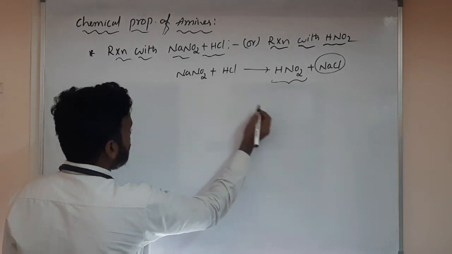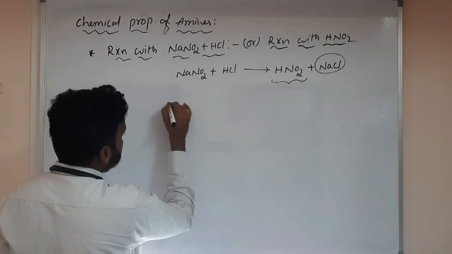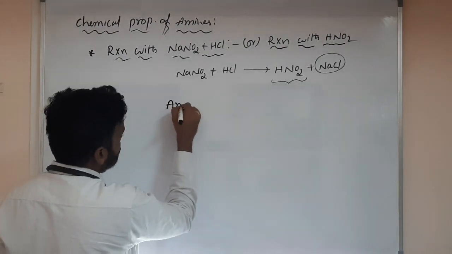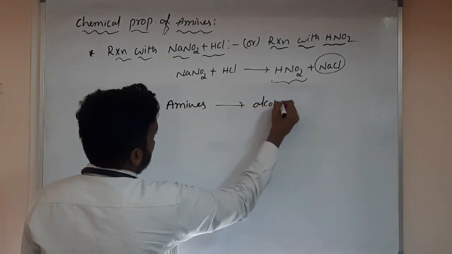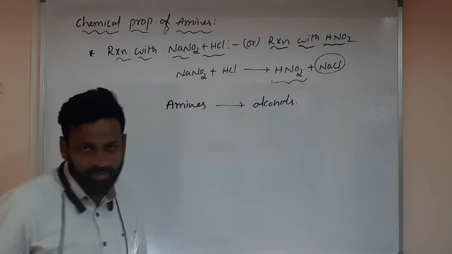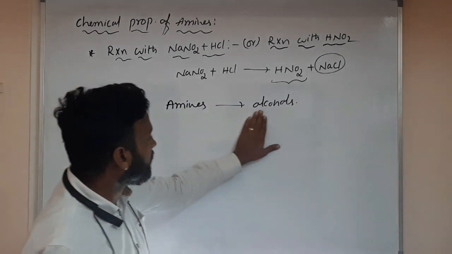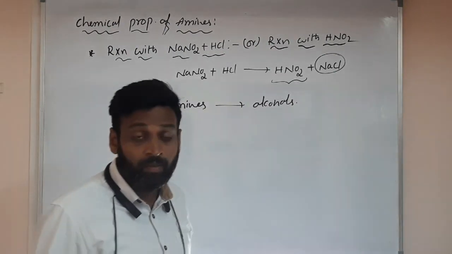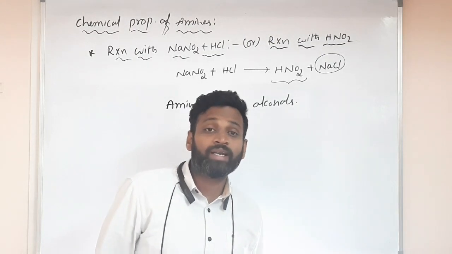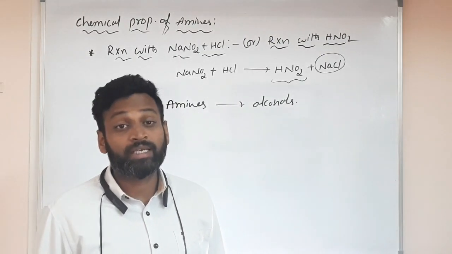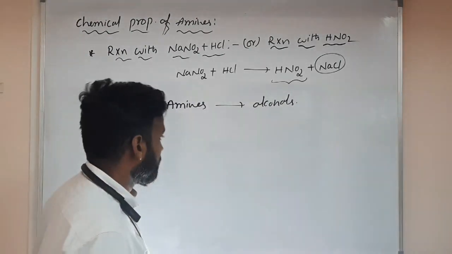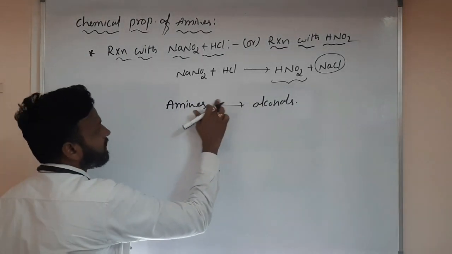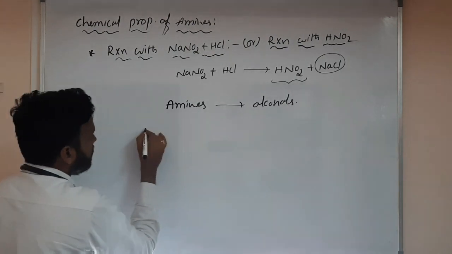So the simple thing to remember: amines turn to alcohols. If you take primary amines, you will get alcohols. But here some kind of 1,2 hydride shift and 1,2 methyl shift takes place. Those rearrangements are very important. Amines are converted to what? Alcohols.